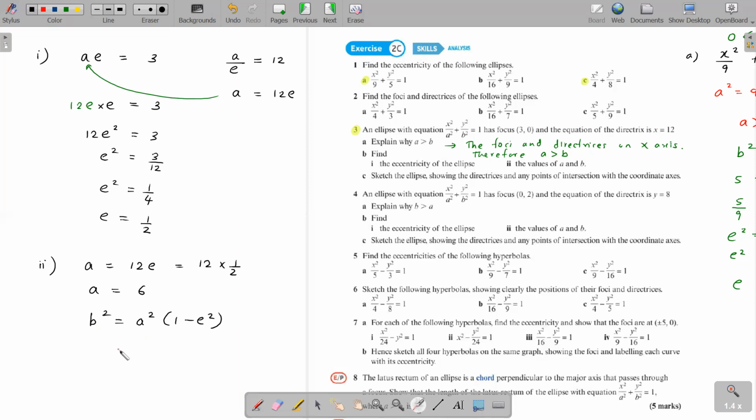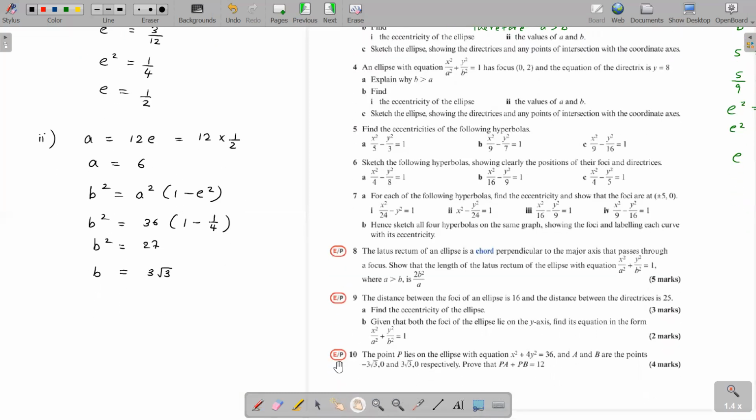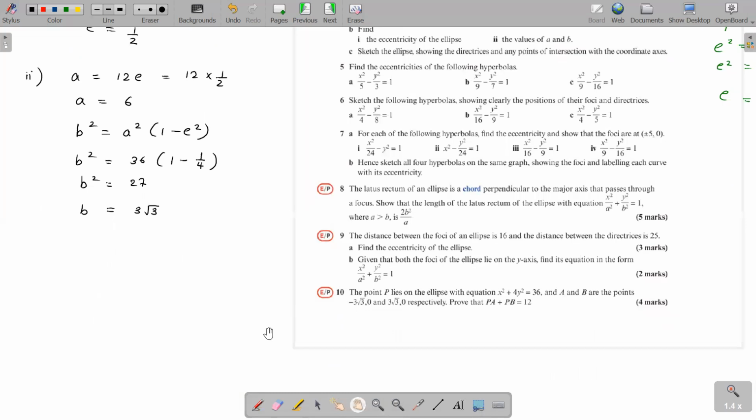So b squared is what we are trying to find. a squared is 6 squared, or 36. b squared equals 36 times (1 minus 1/4), which means 36 times 3 over 4, which is 27. So b is 3 root 3. We take the positive value. Then sketch the ellipse showing the directrices and any points of intersection with the coordinate axes.